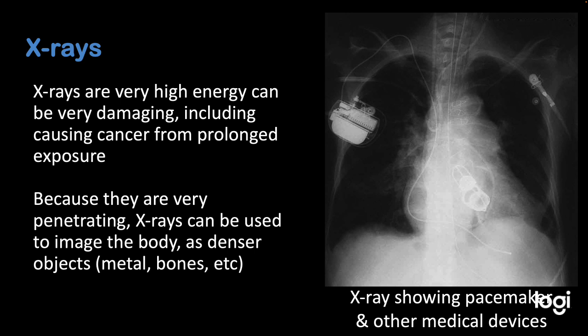Of course, most people, when they think of X-rays, they think of medical imaging. So we can see through pieces of the body and see things that are denser, because the X-rays are going to be blocked by the parts of the body or anything within the body that is very, very dense.